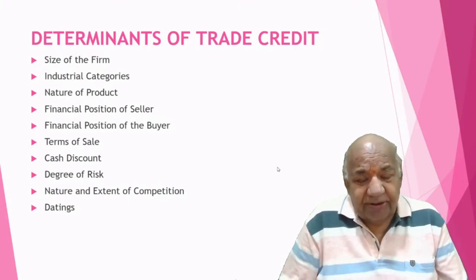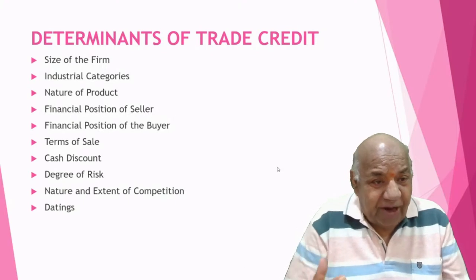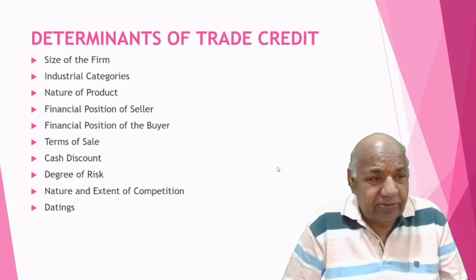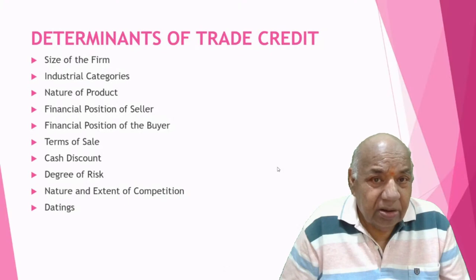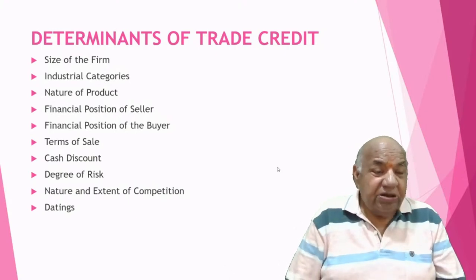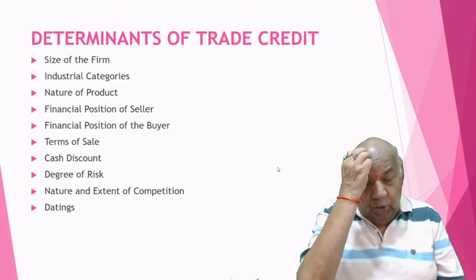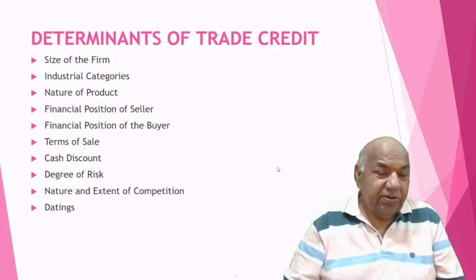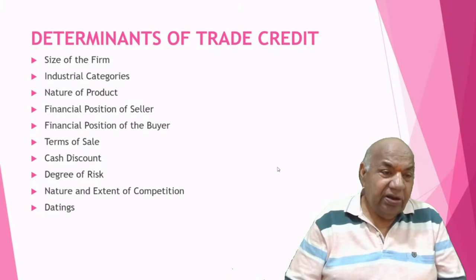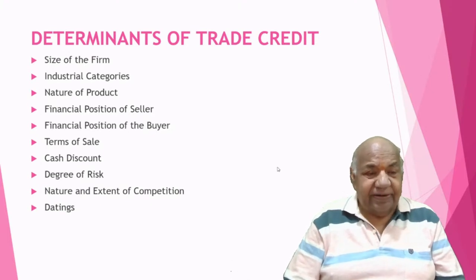Nature of product. If the product is perishable, the trade credit will be normally more, because the seller is not in a position to hold the product. It is to be sold immediately. Financial position of seller.